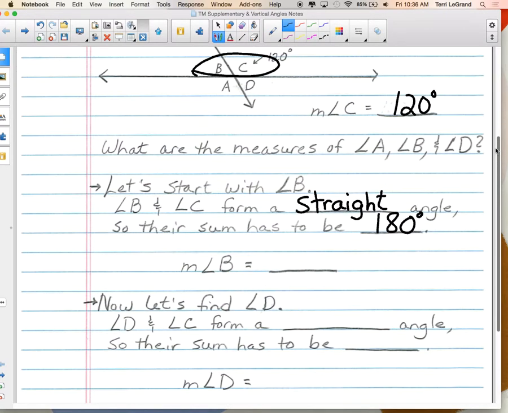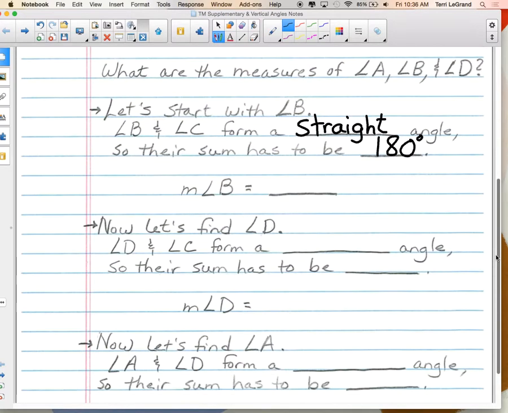Well then, since we now know that B and C together form a 180 degree angle, how can we find B? What do you think we could do? Carla? Subtract what from what? I think you were going to say it right the first time. Subtract 120 from 180. In other words, we know that the angle it's together with, angle C, and the total is 180 degrees.